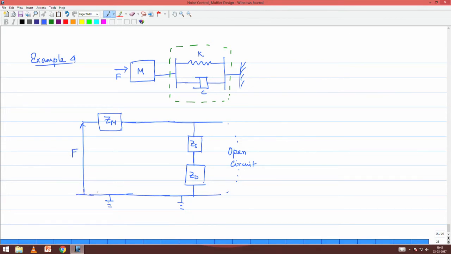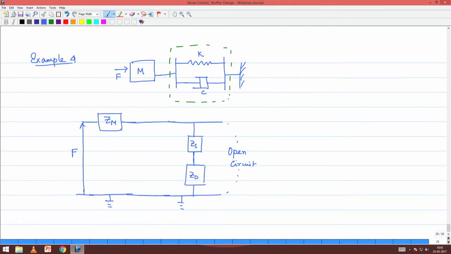This is the electrical circuit associated with the spring mass damper element, but please note the spring and the damper are in parallel in the mechanical assemblage. It is turning out that spring mass damper everything is in series in the electrical circuit. Do not get confused about this series parallel business, look at it from first principles and you will be able to argue.